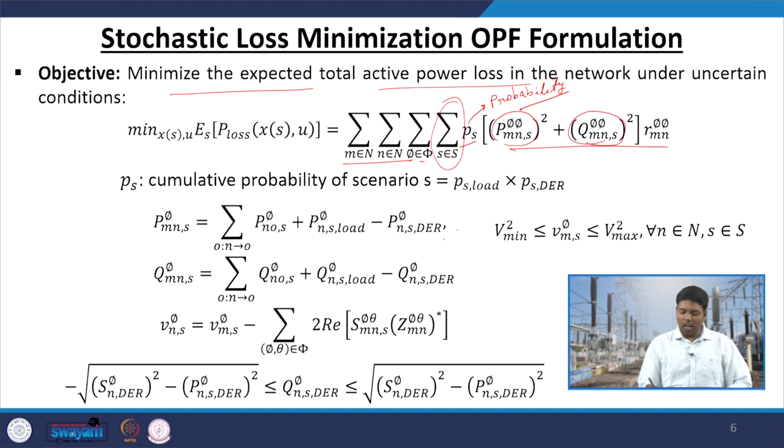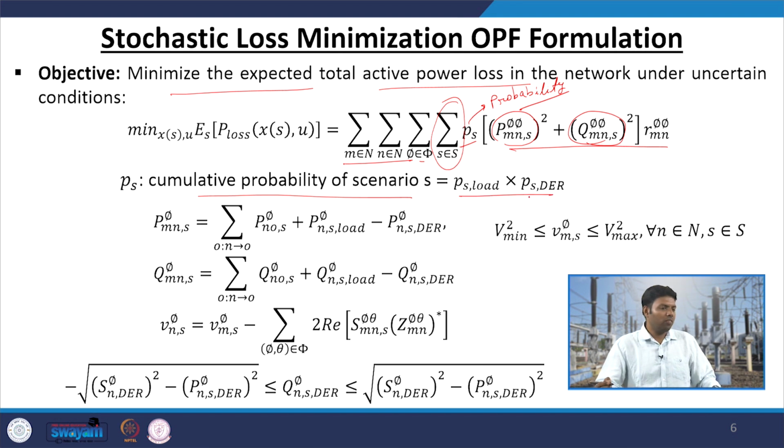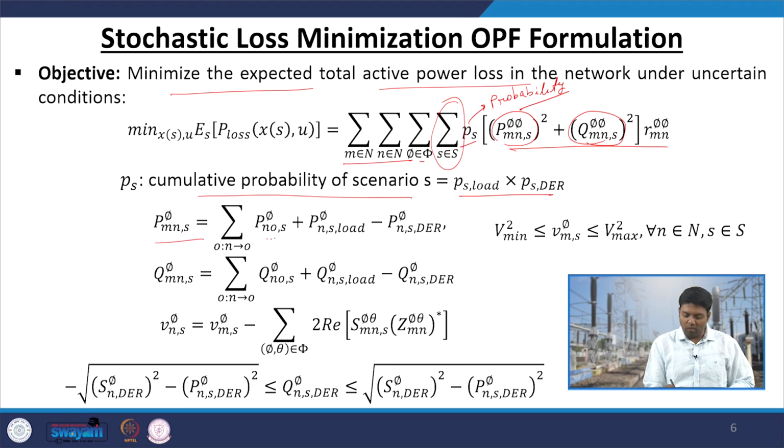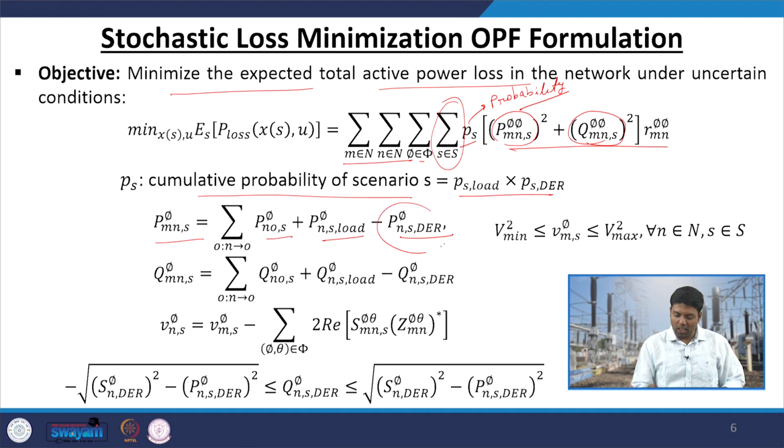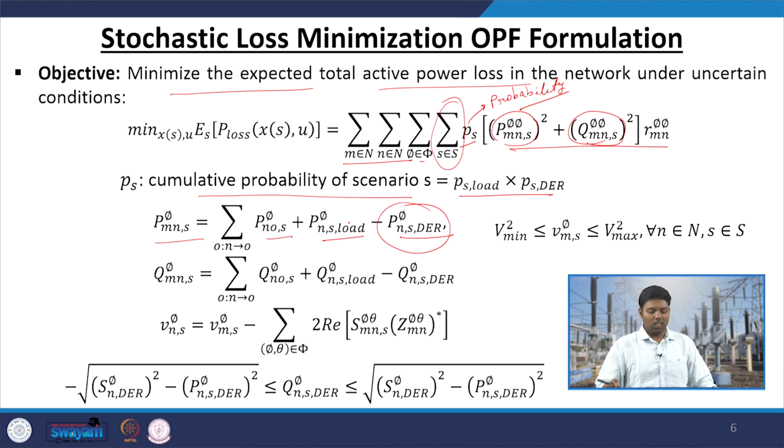Again, the cumulative probability you will get by multiplying the individual probabilities, which we know from probability theory. In your constraints as well, all the variables have now become uncertain parameters. We took the DER generation as the uncertain condition.